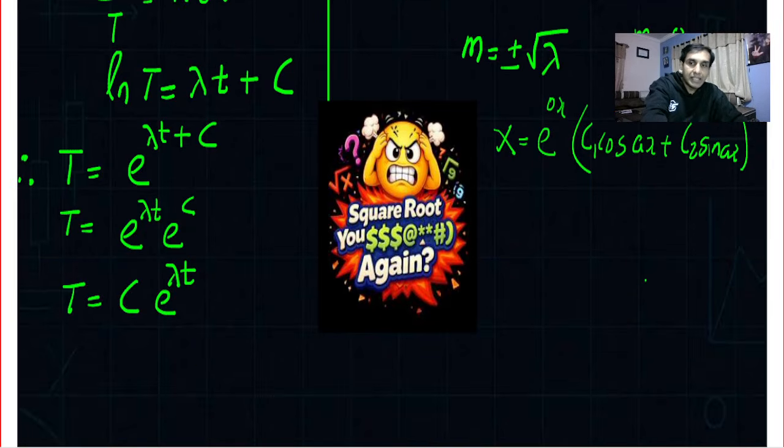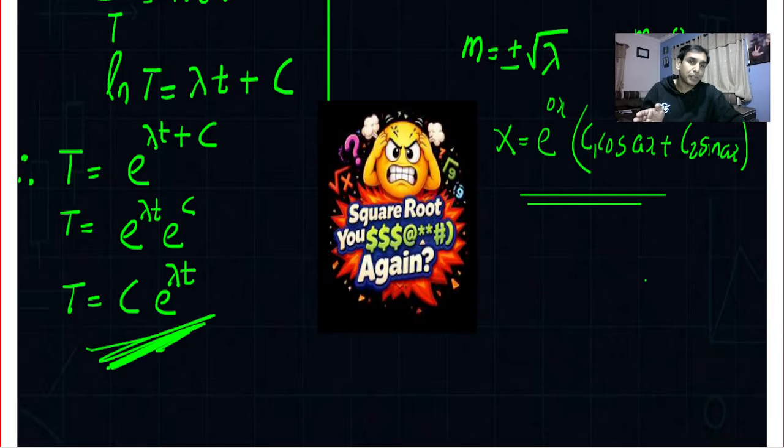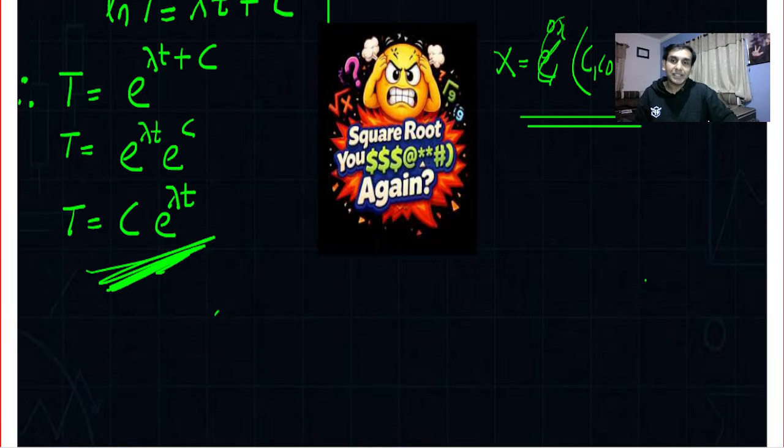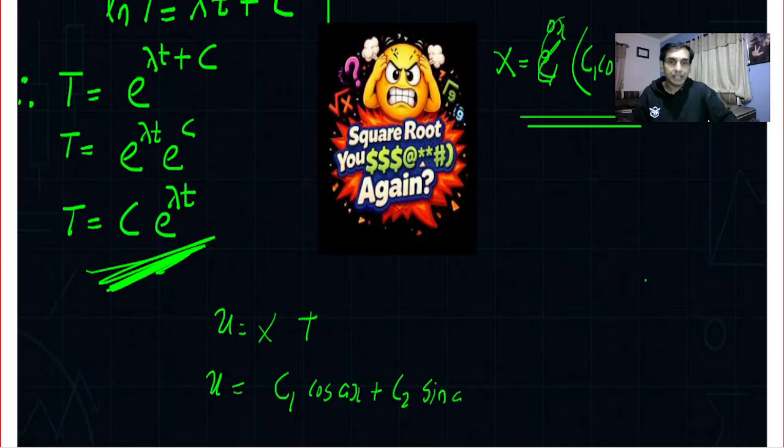Once more, it's a heat equation. I know one part will be exponential and the other part will be trigonometric. And this is one, this will be gone. Okay, but wait a minute. Now I can write the solution is u equal to x into t. That is u equal to x, which is c1 cos ax plus c2 sin ax, multiplied by, if you want you can call it c3, but I'm going to call it c.